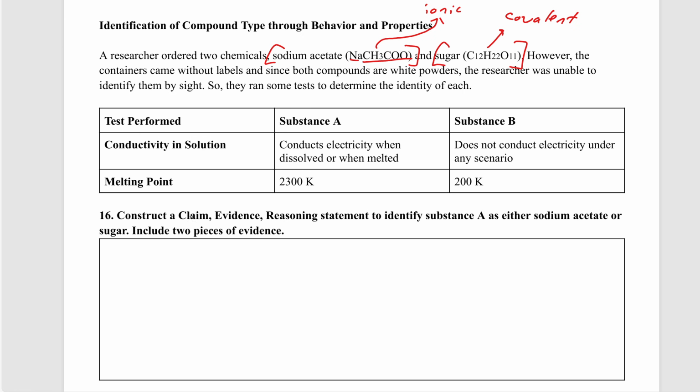So let's see. Identify substance A as either sodium acetate or sugar. Okay, well, substance A conducts electricity when dissolved or when melted and has a high melting point. These are properties of ionic compounds. Substance B does not conduct electricity under any scenario and has a super low melting point. Those are typically covalent properties.